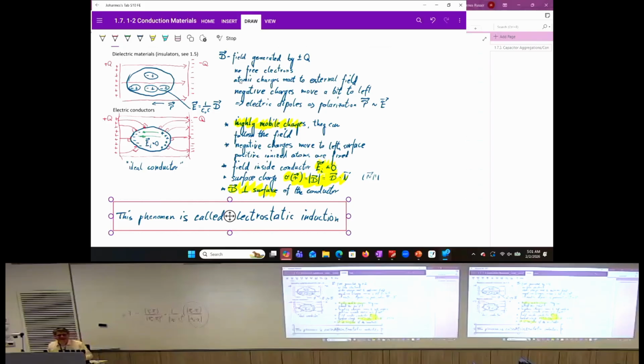Chapter 1 is the longest, then we will have chapter 2. Chapter 3 is a bit longer too, but chapter 2 is quite short, and chapter 4 is very short, so don't worry. This also covers a very large part, chapter 1.